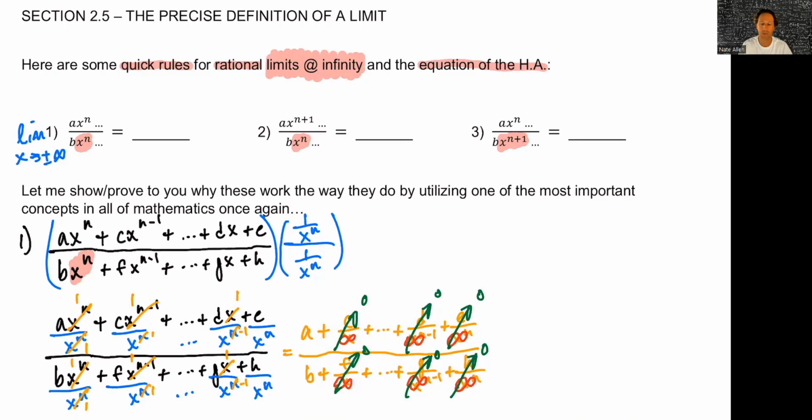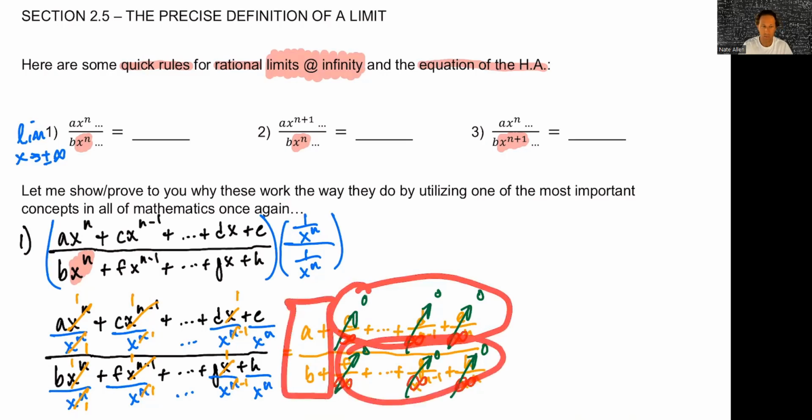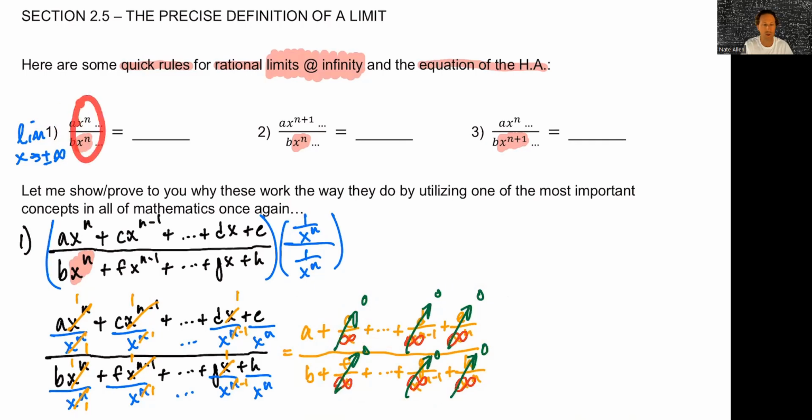And notice the only things that are left, that aren't zeros that we were adding all of these zeros to, were the original coefficients of those highest powers or degrees of our numerator and denominator. So rather than having to do this ever again, which I will not, I just wanted to show and prove it to you why it is, we will see this, and given that, be able to know our answer is simply the A over B.